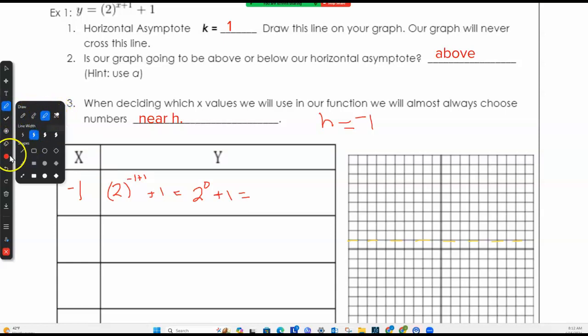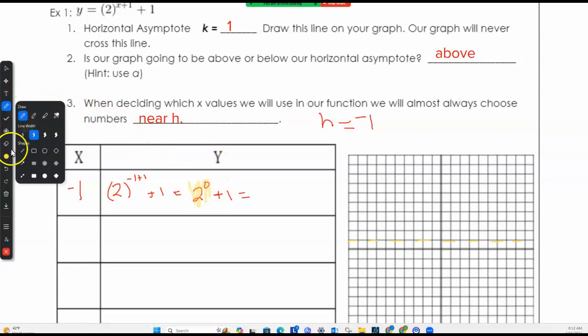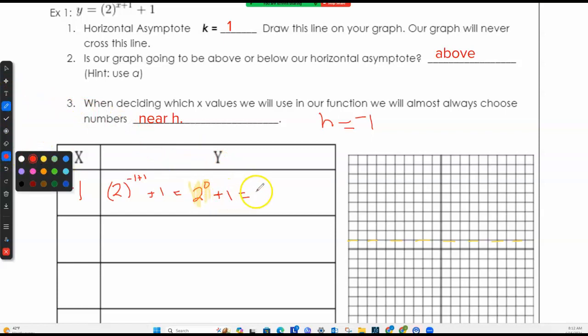Anything with a 0 power is 1. So 2 to the 0 equals 1. So this is 1 plus 1 equals 2. So then our ordered pair is negative 1, 2. So there's 1 point for our graph.